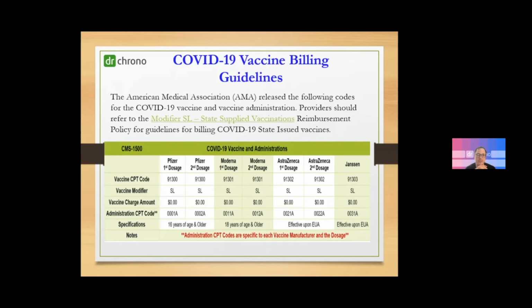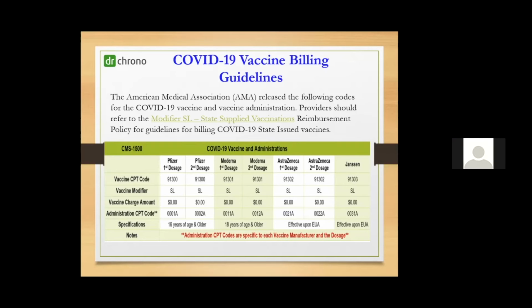Got it. So if someone goes and gets their vaccination today, and a provider has the vaccine on site and administers it, say it's Moderna, and the patient has Blue Cross. The doctor gives them Moderna, first dose.